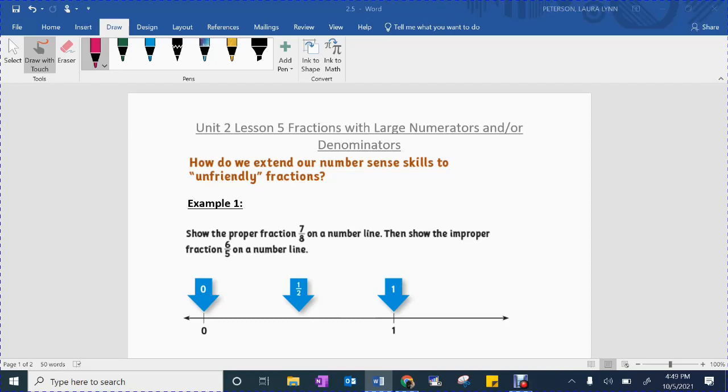It also means it is smaller than 1 whole. Improper fractions is when the top number is either the exact same as the bottom or it's bigger than the bottom. No matter what, that means our improper fraction is either bigger than 1 or it equals 1.